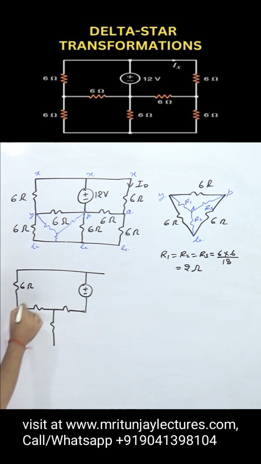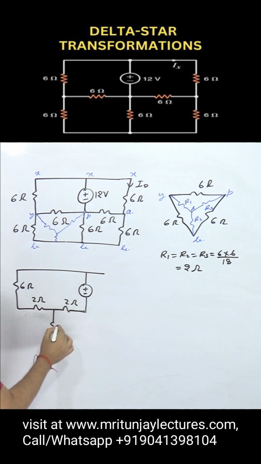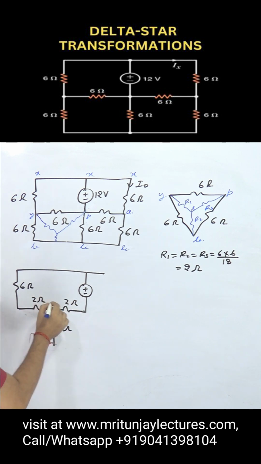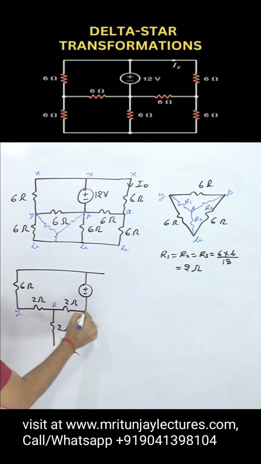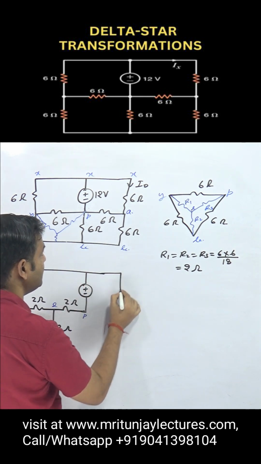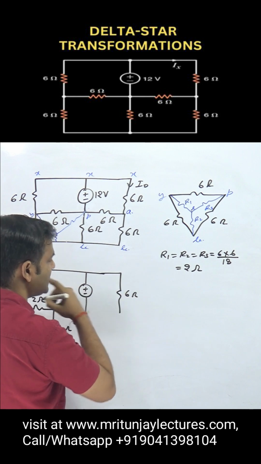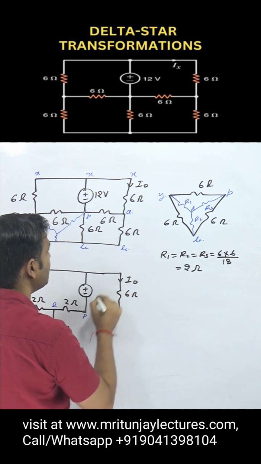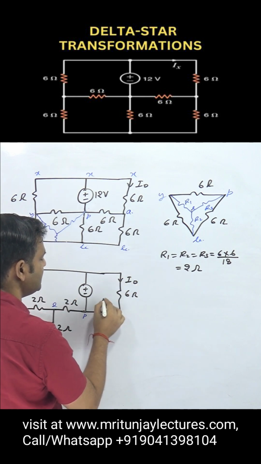Clear? 2 ohm, 2 ohm, and here 2 ohm. That point is E, and that point is Y, that point is P, and that point is B. Clear or not? After that is 6 ohm, here I naught, and that is 6 ohm.